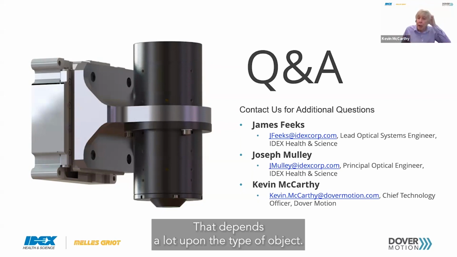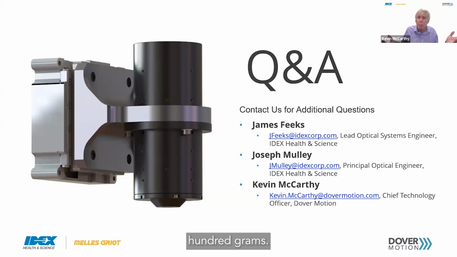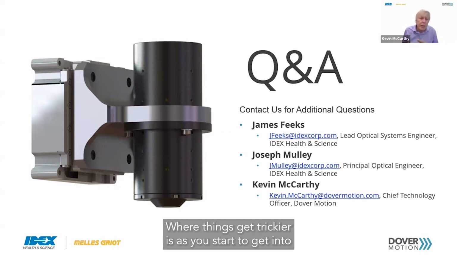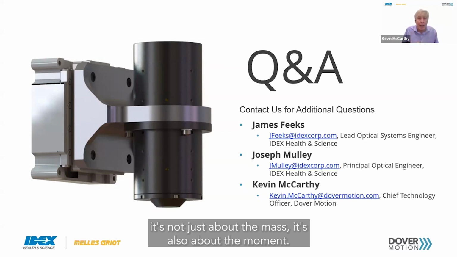That depends a lot upon the type of objective. If it's a small commercial off-the-shelf objective, these are typically a couple 100 grams, and that is essentially 0 consequence. Where things get trickier is as you start to get into bigger objectives, such as the one we're looking at here. In particular, it's not just about the mass, it's also about the moment.